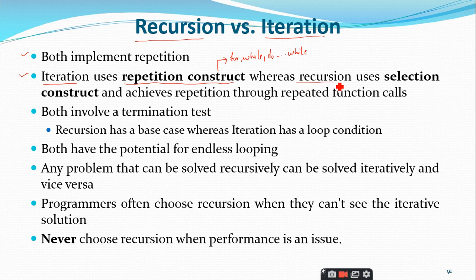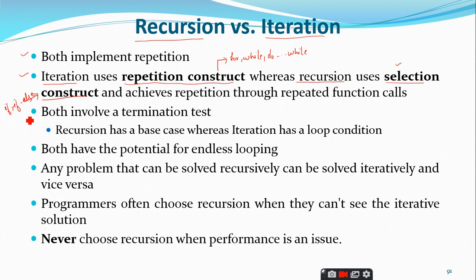Whereas recursion makes use of selection constructs. What are the selection constructs we have? If else, etc. So recursion always makes use of selection constructs like if else, and iteration makes use of the repetition constructs like for, while, and do while.